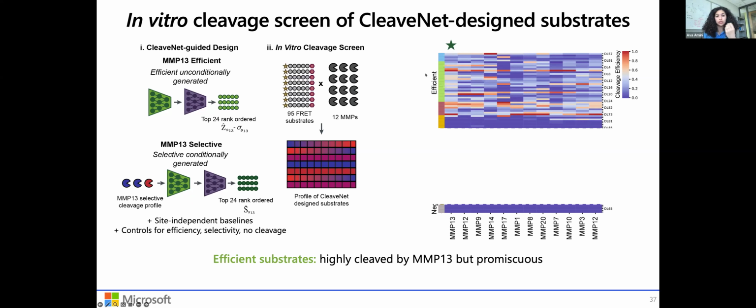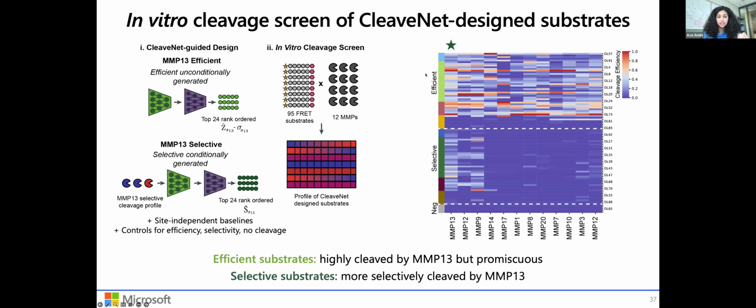In contrast, when we look at our substrates that are designed for selectivity, we see lower cleavage overall across the spectrum of the MMPs, but encouragingly, just from this heat map, we can already begin to appreciate that there is potentially selectivity for MMP13.